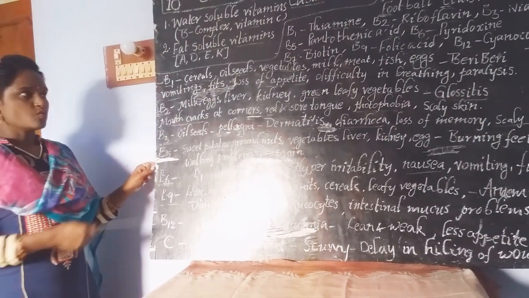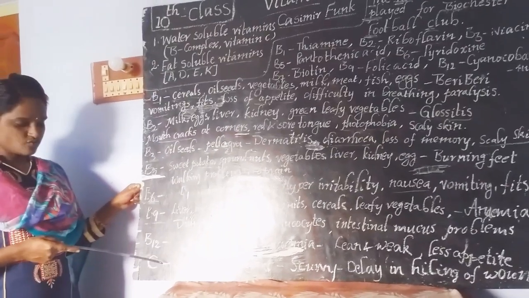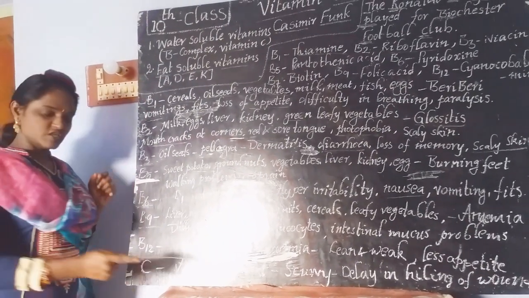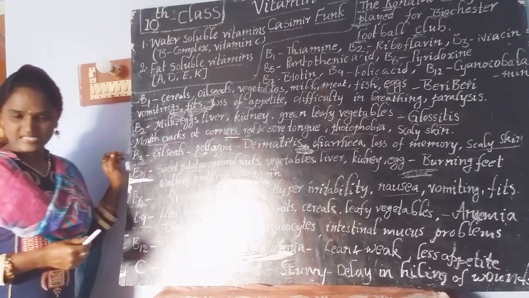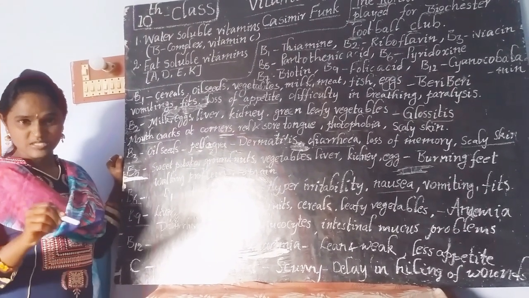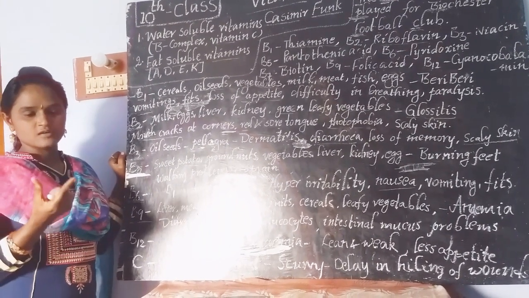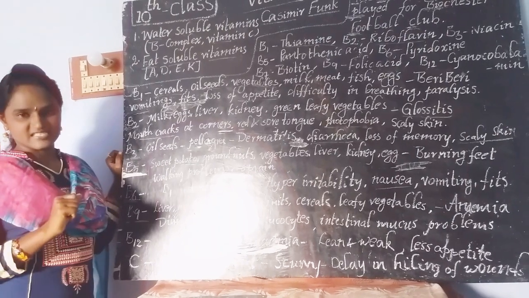Then the last water-soluble vitamin is vitamin C. The source of this vitamin C is all varieties of fresh green vegetables and citrus fruits, means the fruits which are sour in taste.